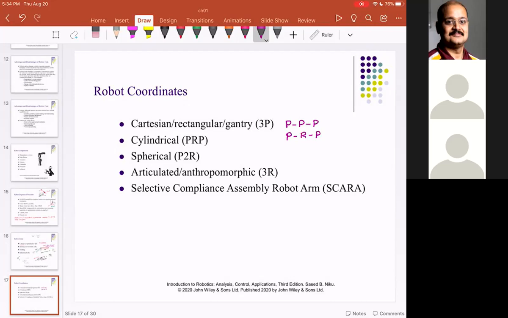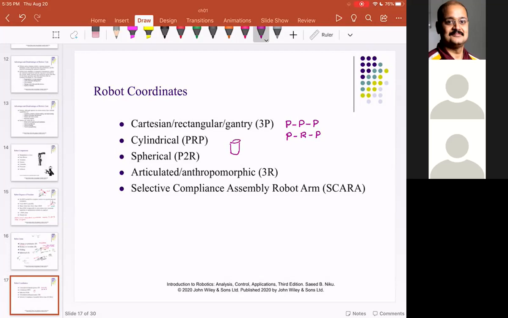If you have a cylindrical robot, then the workspace spanned by the end effector is going to be a cylindrical workspace. If you have a spherical robot, that means a first prismatic joint, second revolute joint, and third revolute joint, then the workspace spanned is going to be a spherical workspace.